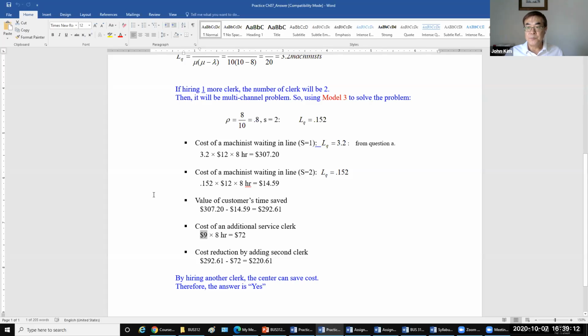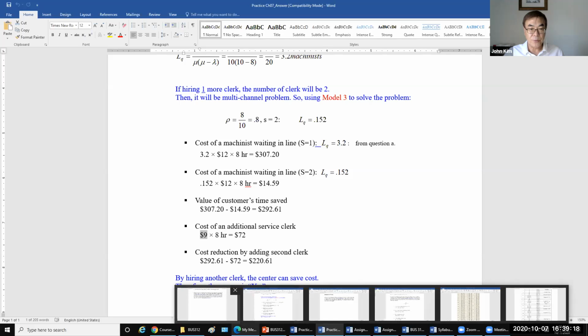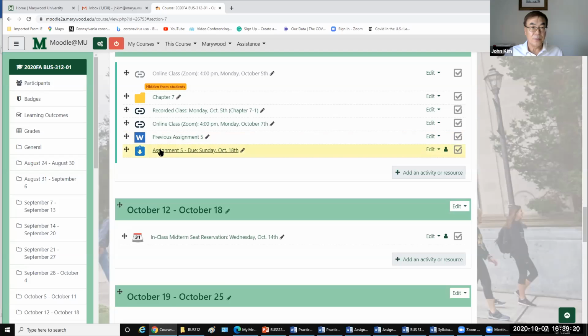Okay, now I will bring up the previous assignment because you have assignment 5 from this chapter, and the due date is not this Sunday, but next Sunday, because you will take the quiz and midterm next week. So this assignment is due Sunday, October 18th.